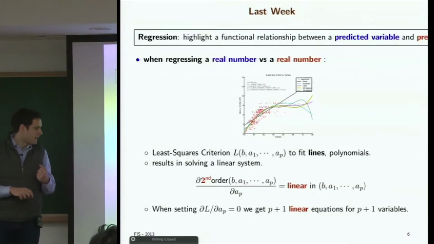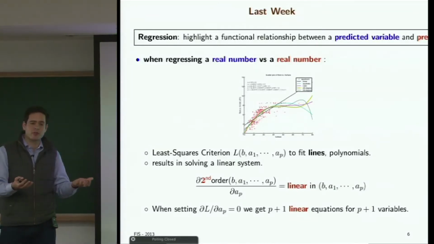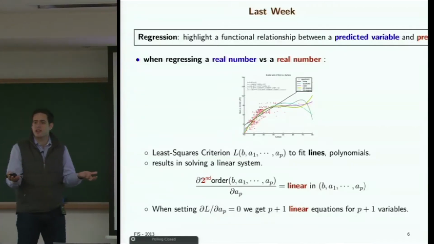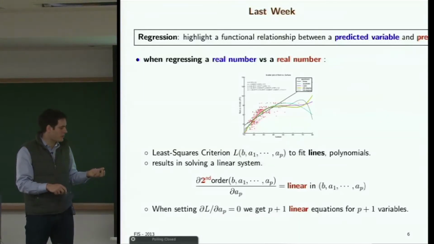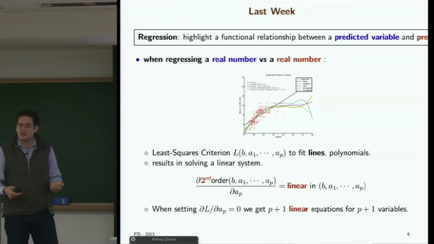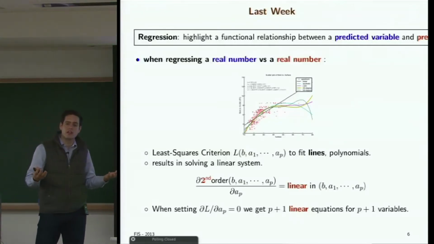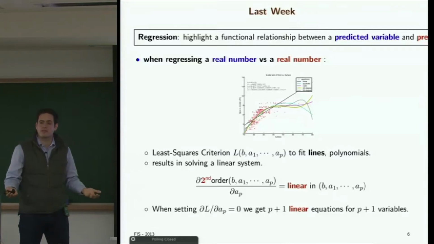If you want to find the minimum, you have to find a point which satisfies what is called the first order conditions, which means basically the derivative is 0. When you differentiate a function of the second order with respect to any of those parameters, here just ap for instance, it becomes a linear function in those parameters. So you are left solving a bunch of linear equations equal to 0, and this is a linear system.